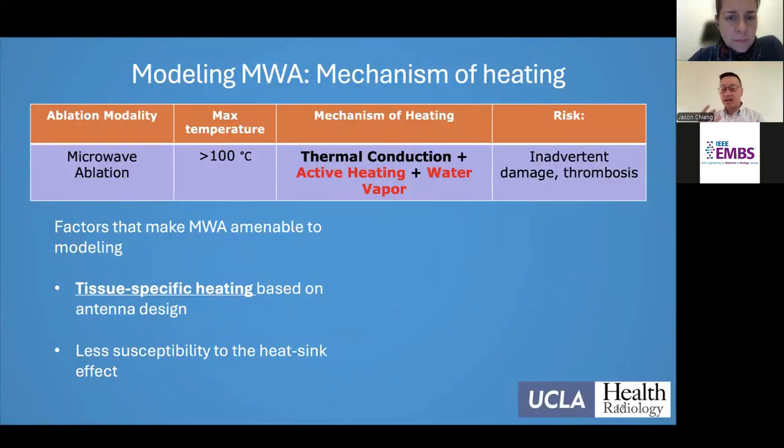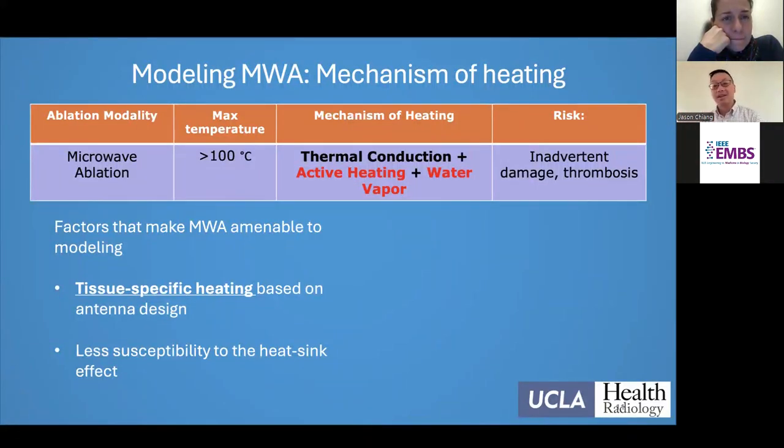Even if it's dried and desiccated, which is traditionally thought of as very difficult to heat with passive radiofrequency ablation, you can actually heat through charred and desiccated tissue. And so you end up with this active heating zone, you get water vapor, and you get much larger ablation zones. And the risk for that is, as opposed to radiofrequency, where you're not treating enough of the tumor, now you risk damaging too much of the tumor, plus surrounding critical structures.